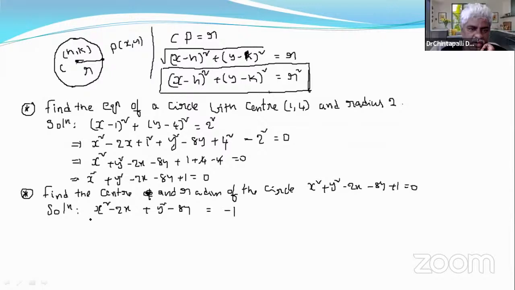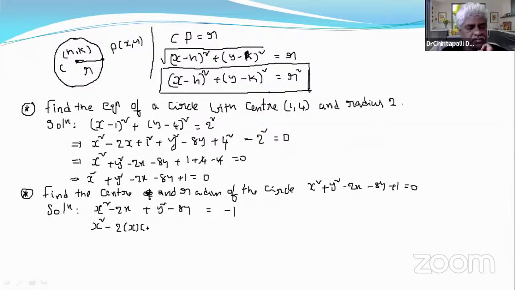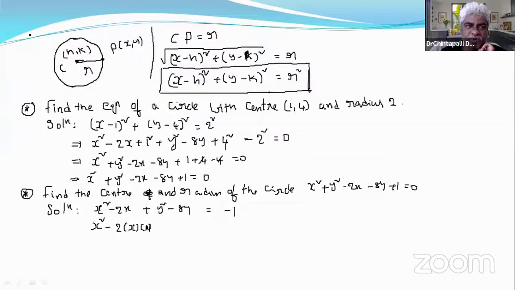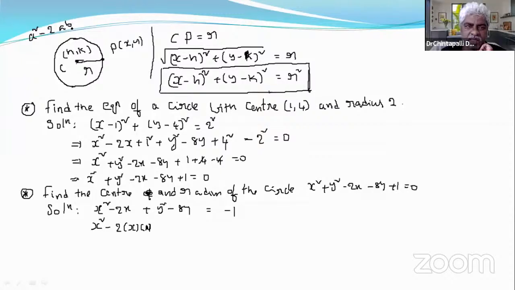Now, using the (a minus b) whole square formula, we are using the completing the square method. That is x square minus 2x times 1. We see incomplete (a minus b) whole square formula here: a square minus 2ab.